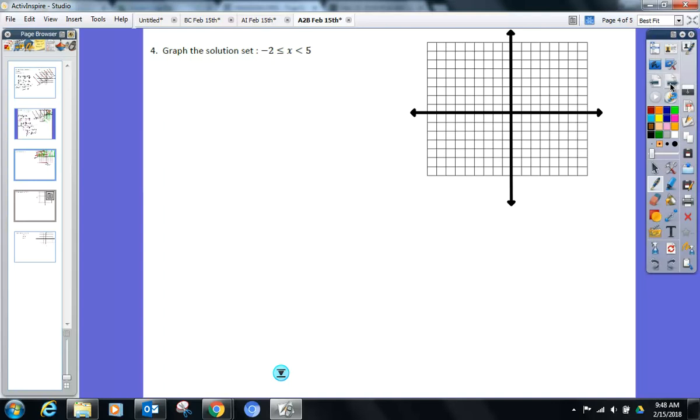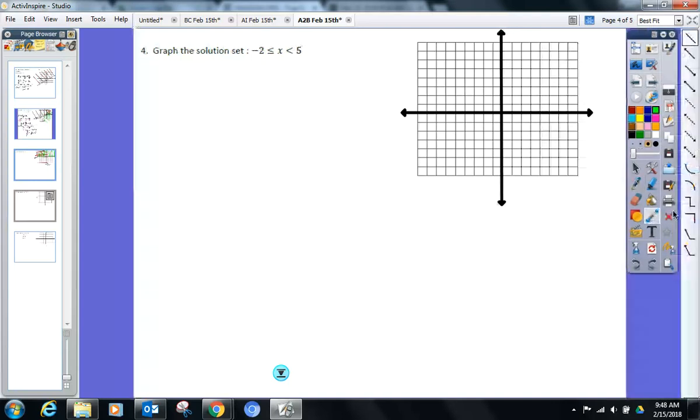So what type of lines are we working with here if it's x? Vertical lines. One's going to be where? At -2, and it's going to be what type of line? Solid. And one's going to be at 5, and it's going to be dashed. Go ahead, and then we'll talk shading, even though I think some of you know where the shading's going to go.